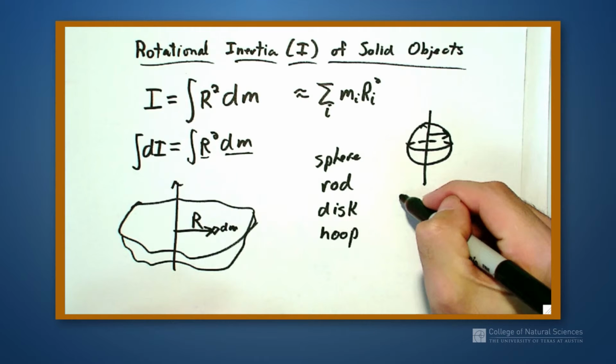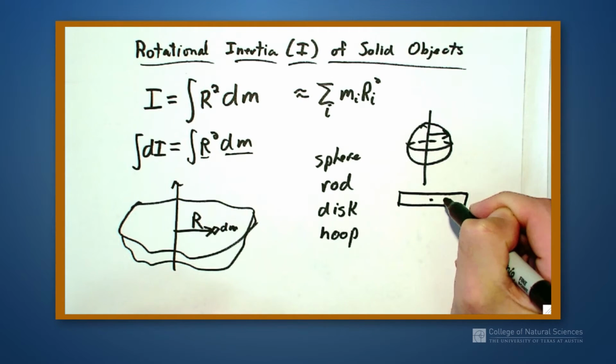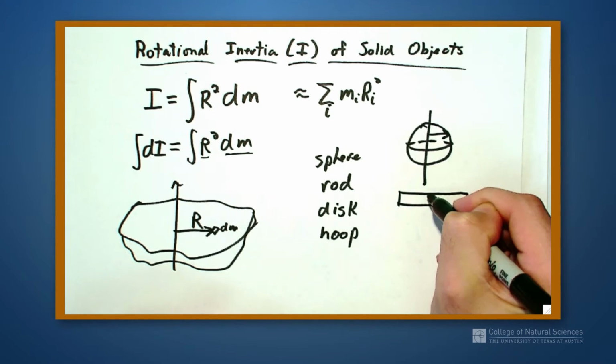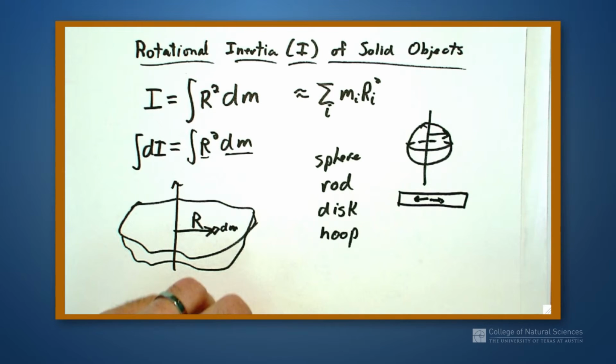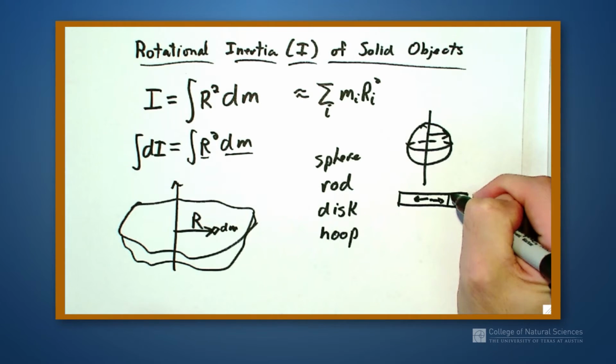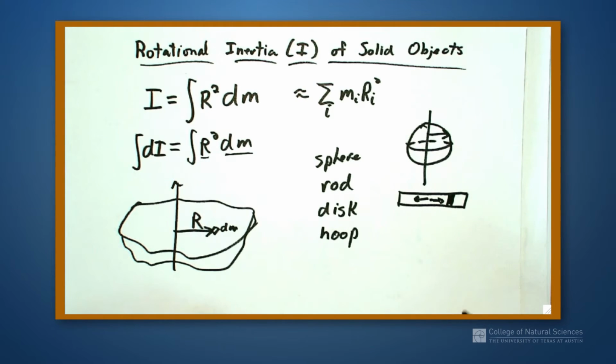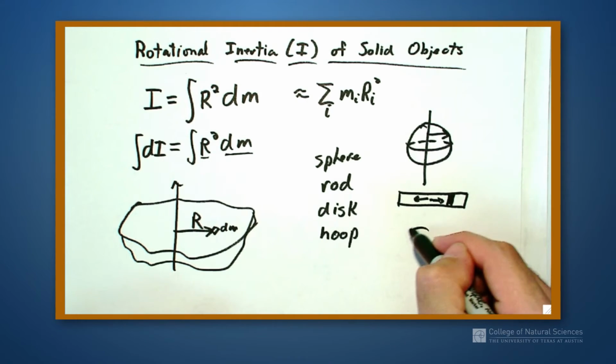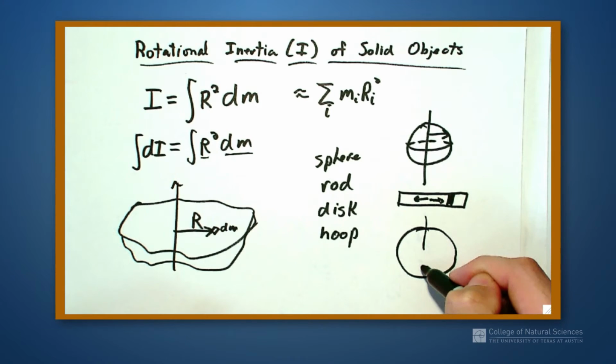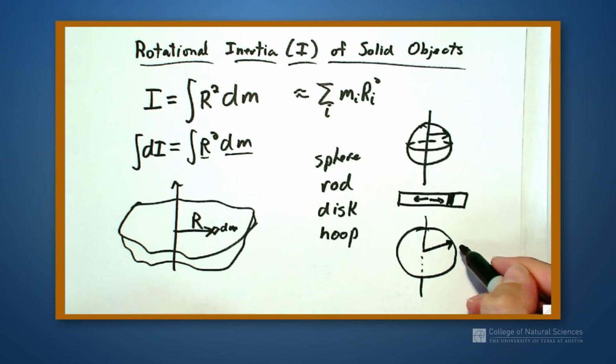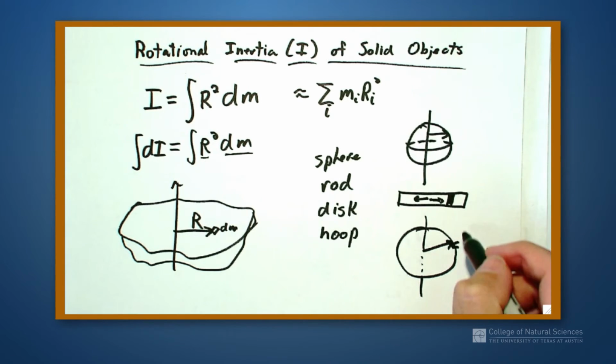With a rod, it's really easy. We put a rod here, and we have mass to the left and mass to the right. We know how to look at some small section of mass here and add it up to everything else. Hoops are really nice. We see that all of our mass is at one radius, so we look at one little section of mass and figure out how it changes around.